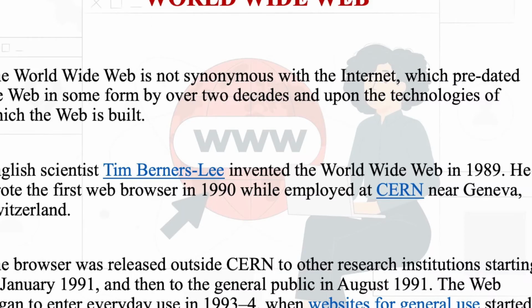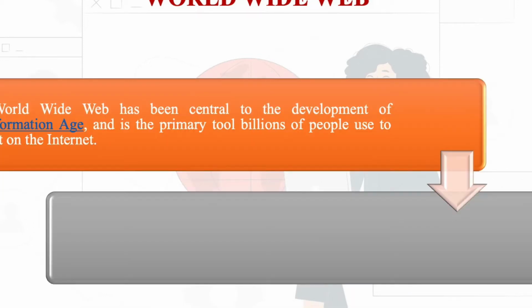The browser was released outside CERN to other research institutions starting in January 1991 and then to the general public in August 1991. The web began to enter everyday use in 1993 onwards, when websites generally started to become available. The World Wide Web has been central to the development of the information age and is the primary tool billions of people use to interact on the net.